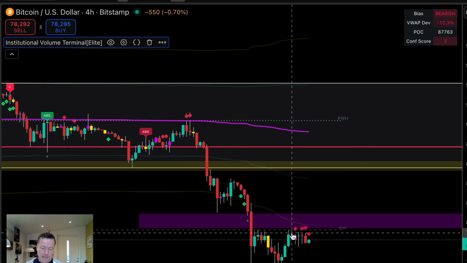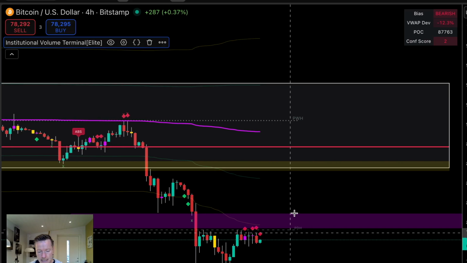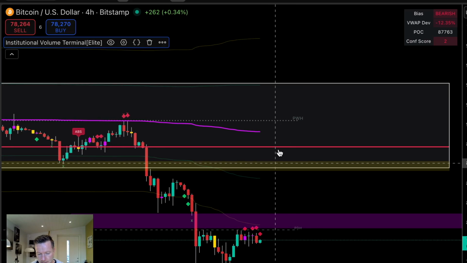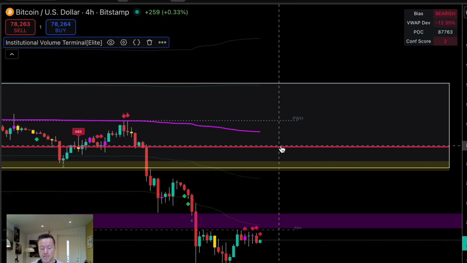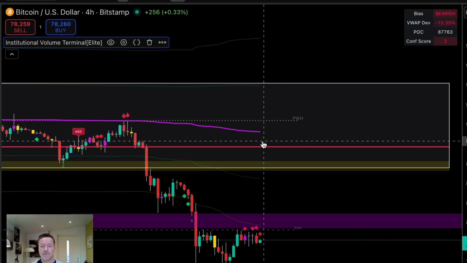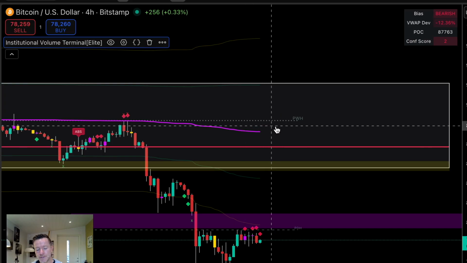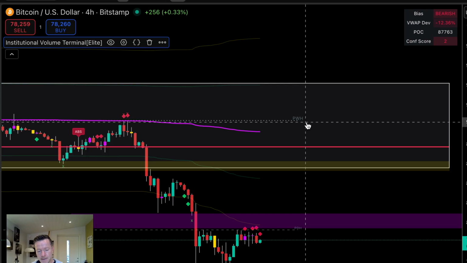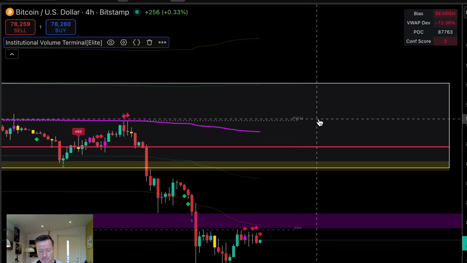So what I am looking for is I will not go into this trade unless we reclaim the POC and the AVWAP, and then we start slowly building a base above this.